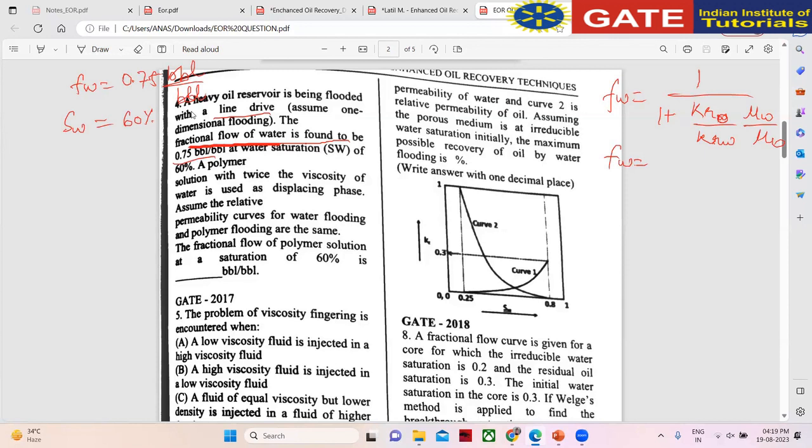Okay. So in the first case, you inject directly flooded by water, and then you replace the water with polymer. So first you calculate the mobility ratio of the water-oil case.